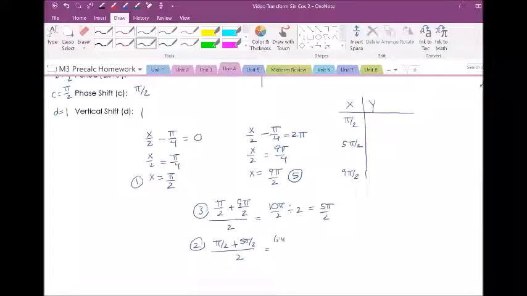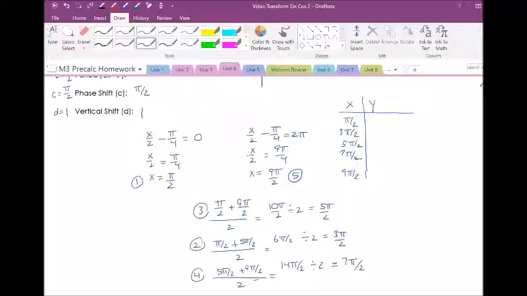So that gives me 6 pi over 2 divided by 2, which is 3 pi over 2. And then I will do the same thing for key point number 4, so I'm averaging 5 pi over 2 and 9 pi over 2. And that gives me 7 pi over 2. And notice my 1, 3, 5, 7, 9 pattern, so that makes me feel pretty comfortable.